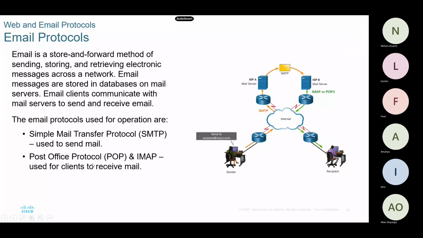Now, just from the words Post Office Protocol: when you pick up a parcel or a letter from the post office and you lose that letter, you cannot go back and ask them whether they have a copy of your parcel, because they never keep a copy.